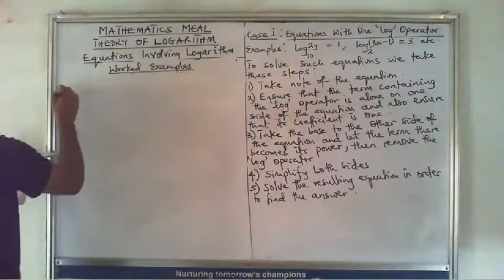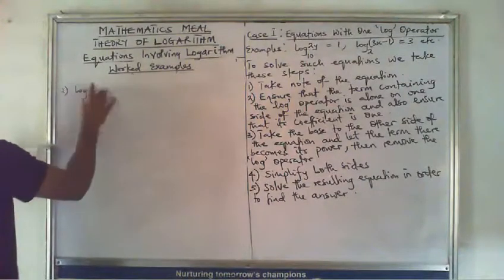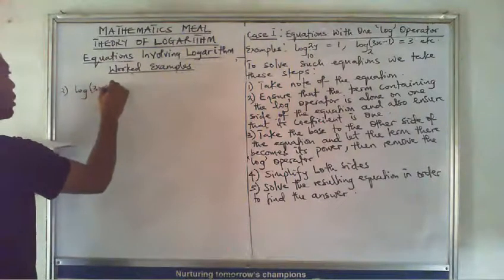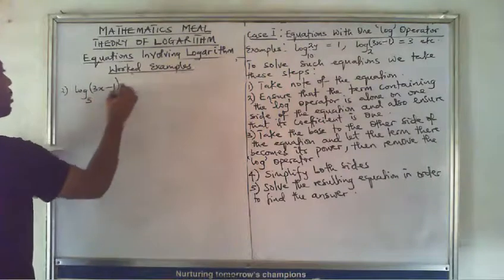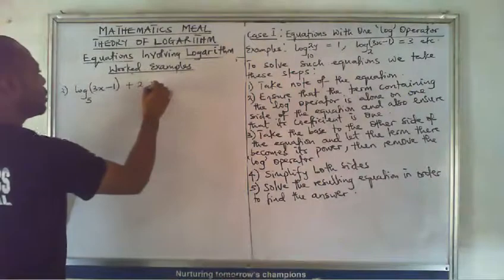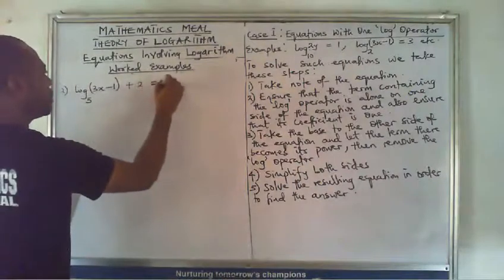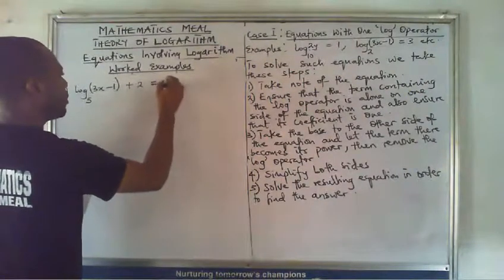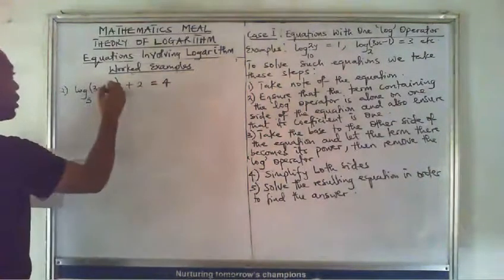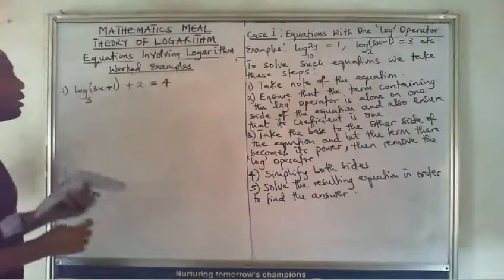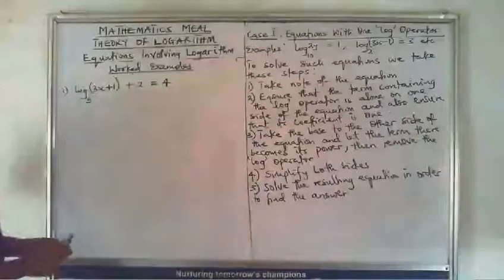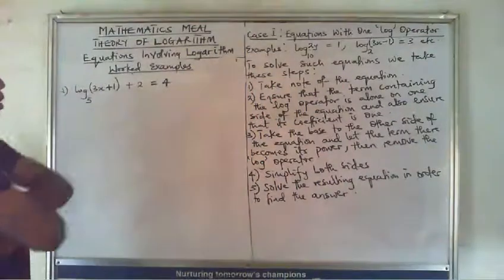Let's say we have log of 3x plus 1 in base 5, then plus 2 is equal to 4.